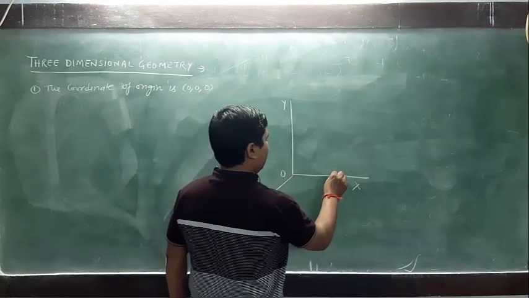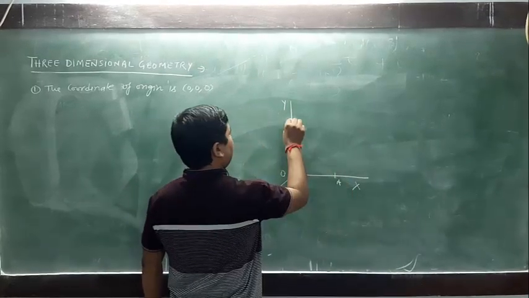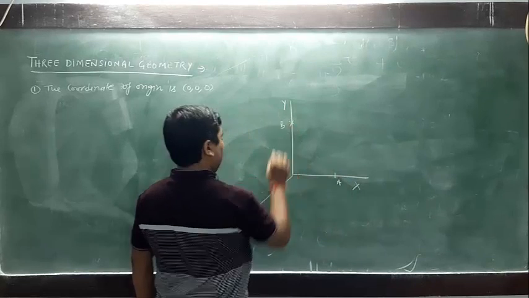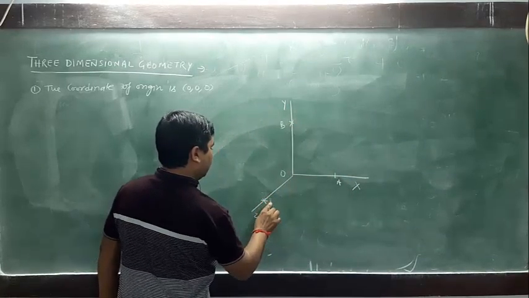This is origin, this point is A, this point is B, and this point is C.